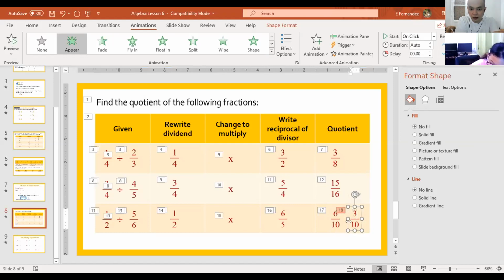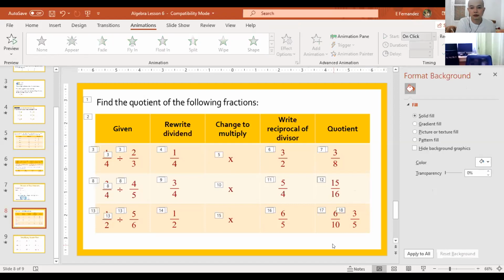Then 10 divided by 2, that is 5. So the final answer here is 3 over 5. Right? Yes, okay.